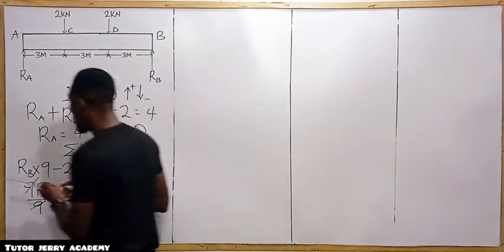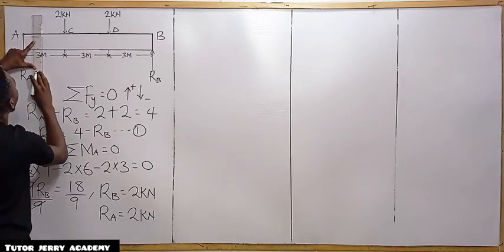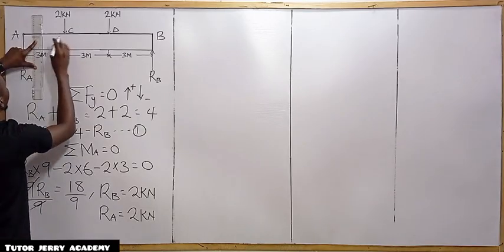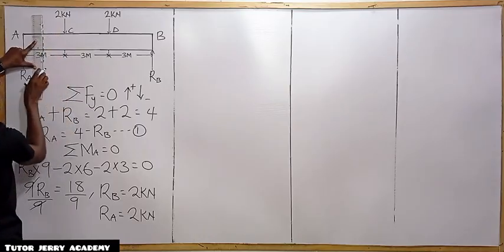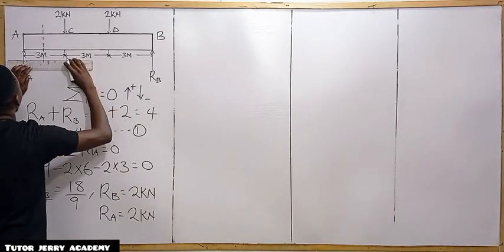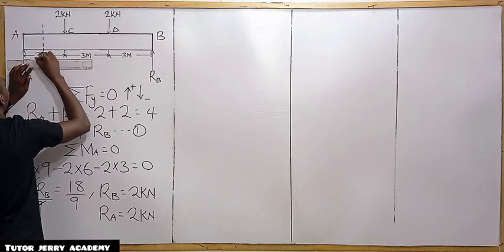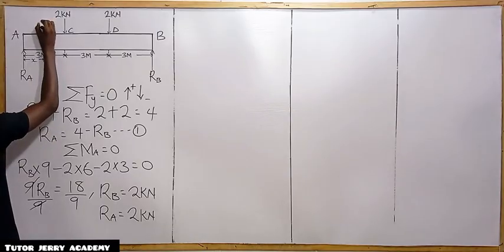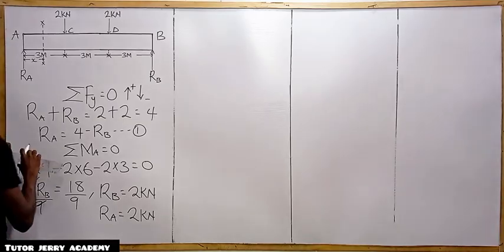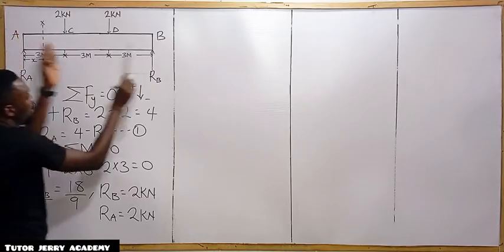All right, so for the first section, we are going to consider section SS between beam AC, at a distance of S. Now we are going to draw the part that we have cut out of this beam here.